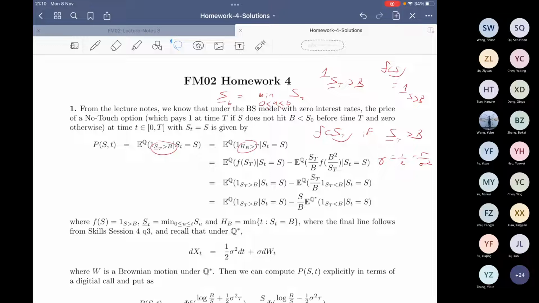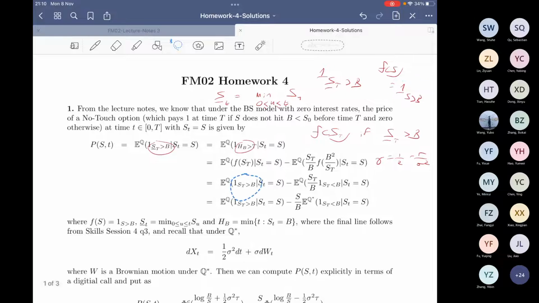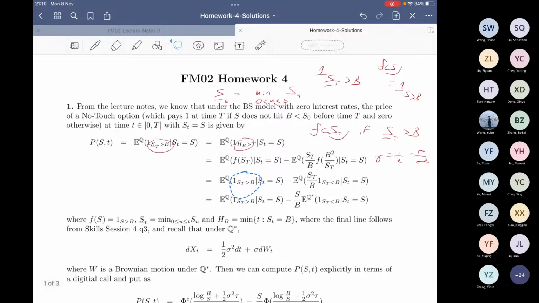Well, in this particular question, the f is just this indicator function of S greater than b. So that's just what I've written there. Similarly, when we evaluate this f of b squared over S_T for this particular f, if we do that slowly, the original function is the indicator of S greater than b, but now because we're plugging in b squared over S_T, it's the indicator of b squared over S_T greater than b.